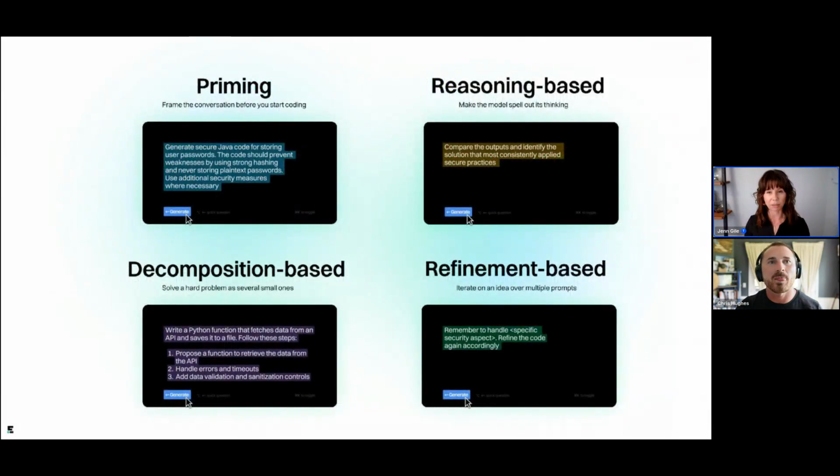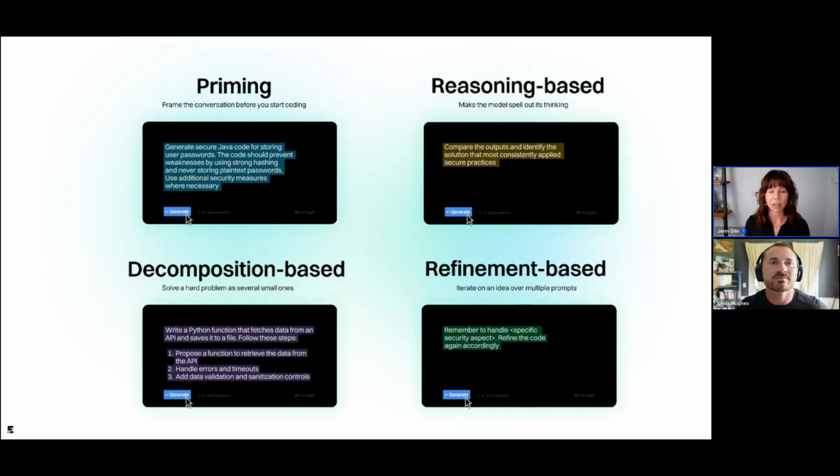So there are 4 different ways that you can format your prompts so that they could be more helpful to the AI code assistant. The example that I was just giving was priming. You're framing the conversation before you start coding. So in this one, you're saying, be secure. The example here has a couple of examples about how you want to be secure.